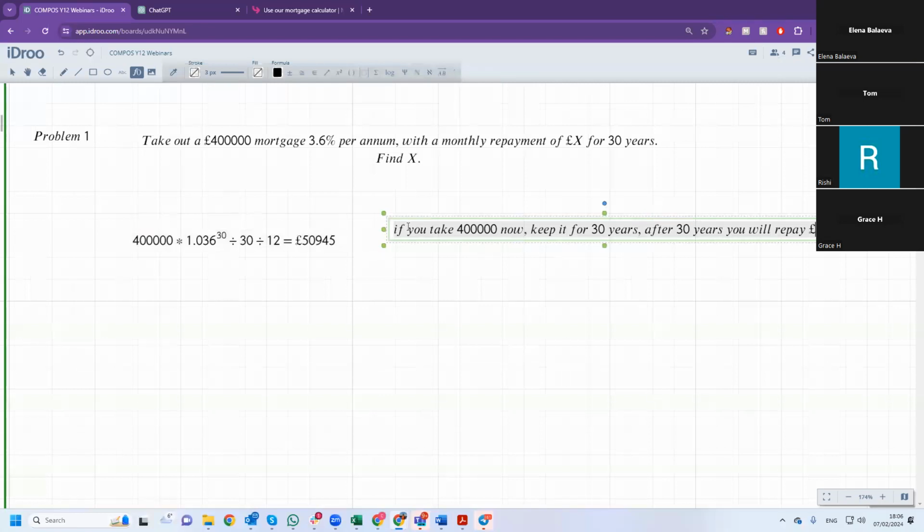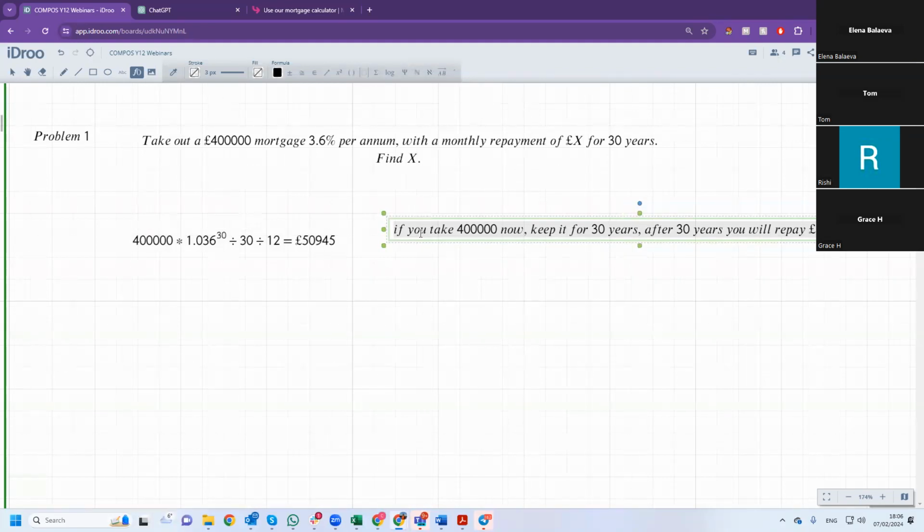Whoa, that's a lot. So 18 million 340,447 pounds and 69 pence. Now, yeah, that's kind of a lot of money.